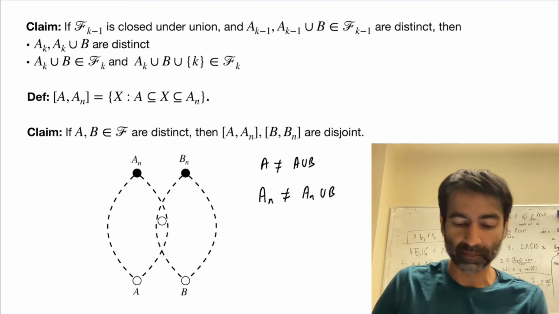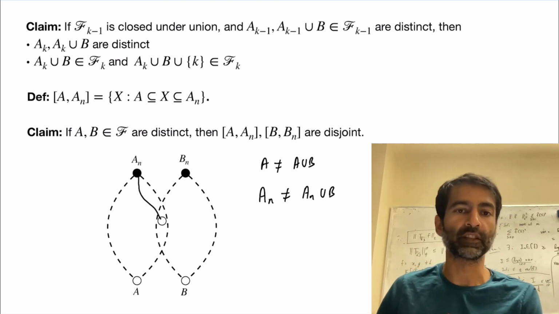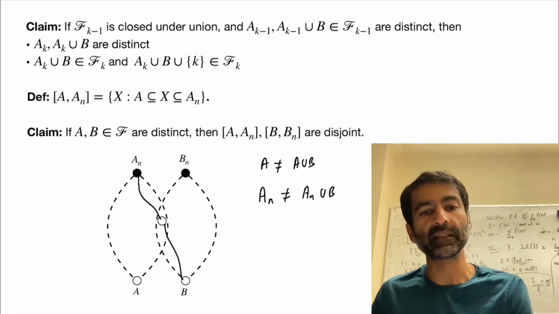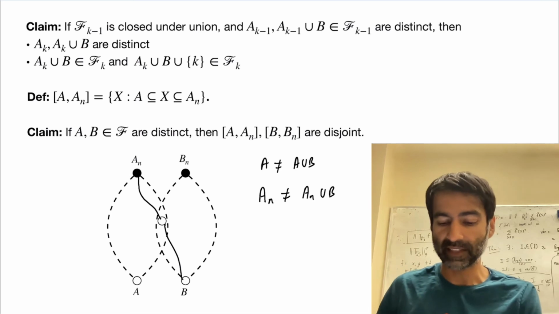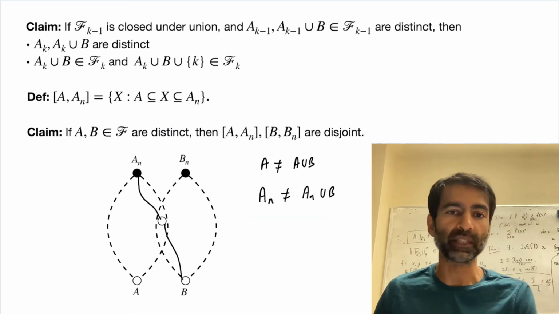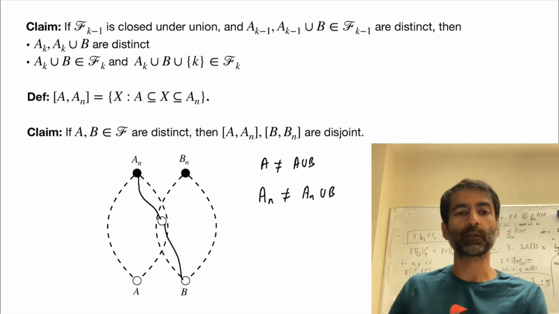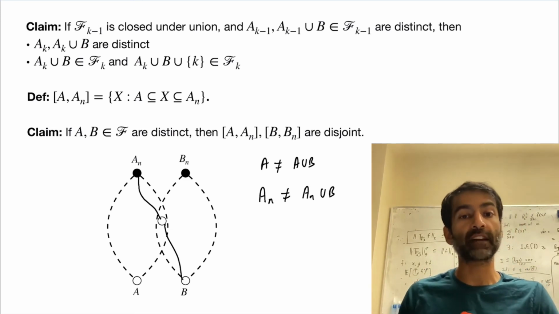But that's not possible, because A_n contains this set that's in the common intersection of the two intervals, and this set contains B. So A_n must contain B if these two intervals intersect. And if that's the case, then A_n would be equal to A_n union B, which contradicts the claim. All right, so all of the intervals defined by the trajectories have to be distinct, have to be disjoint.